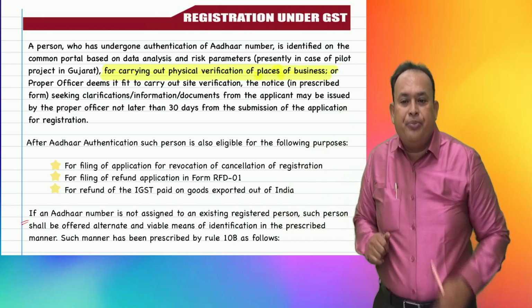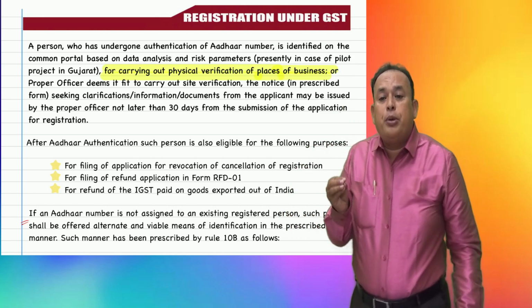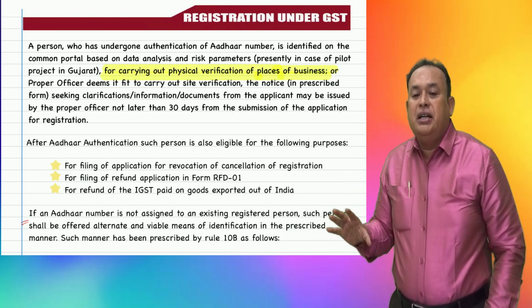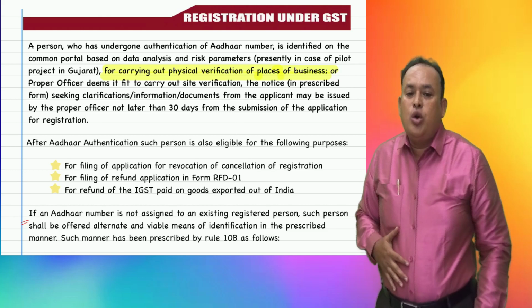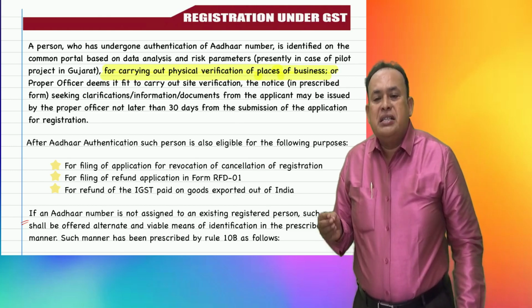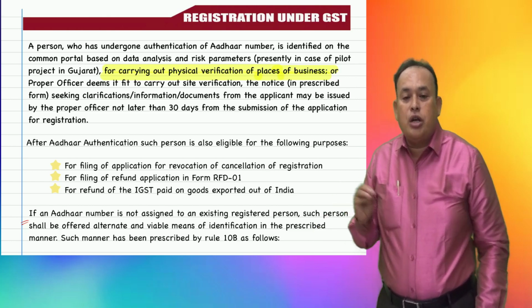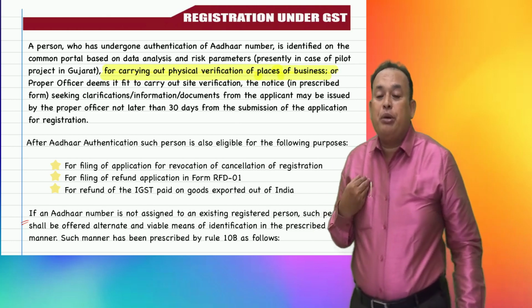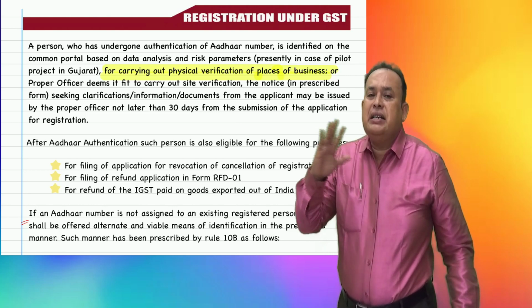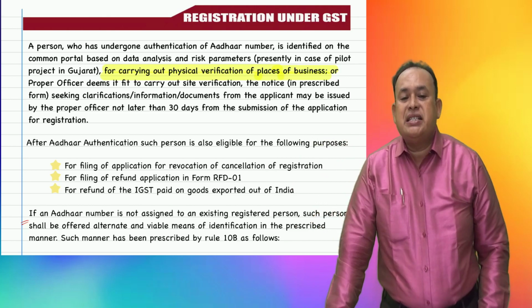It has been introduced for carrying out physical verification of the place of business, or where the proper officer deems it fit to carry out site verification. The notice in prescribed form seeking clarifications or information or documents from the applicant may be issued by the proper officer not later than 30 days of the submission of the application for registration.